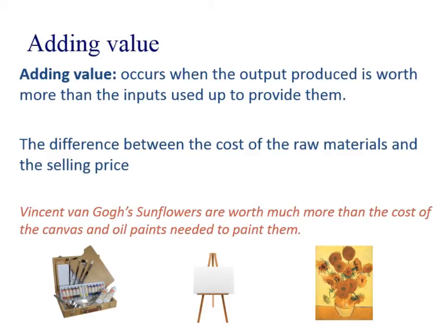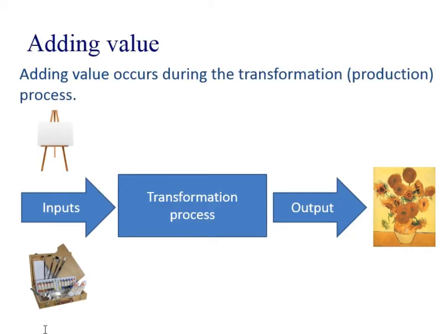It might have been a piece of wood or something like that, because I don't think he had very much money. But the point is that these inputs he used are worth less than the output that he produced, and that is what a business is: you transform something, and by doing that you add value.